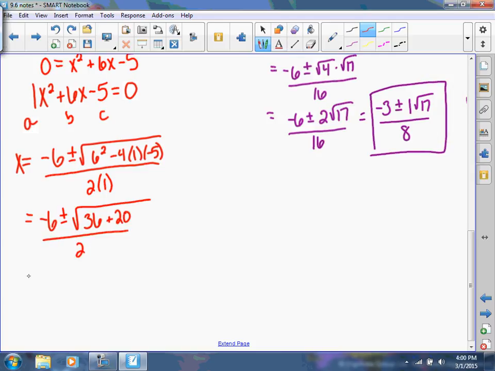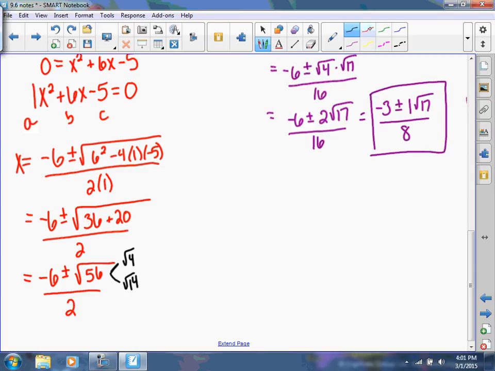Now again, I'm not going to get a perfect square here. Negative 6 plus or minus the square root of, this will be 56, all over 2. So 56 isn't a perfect square, but I can break it apart. The biggest perfect square that goes into 56 is going to be 4.